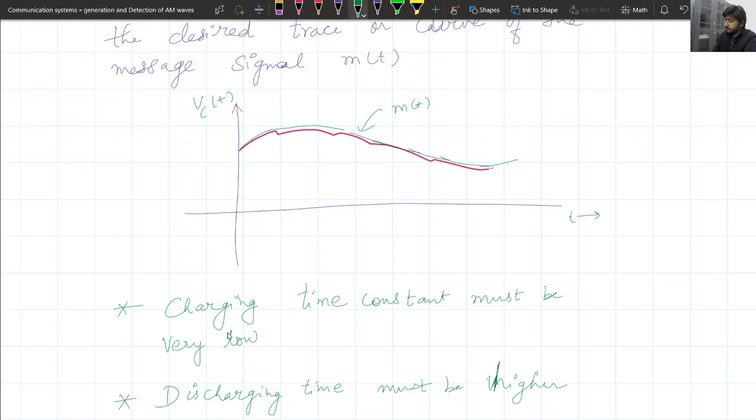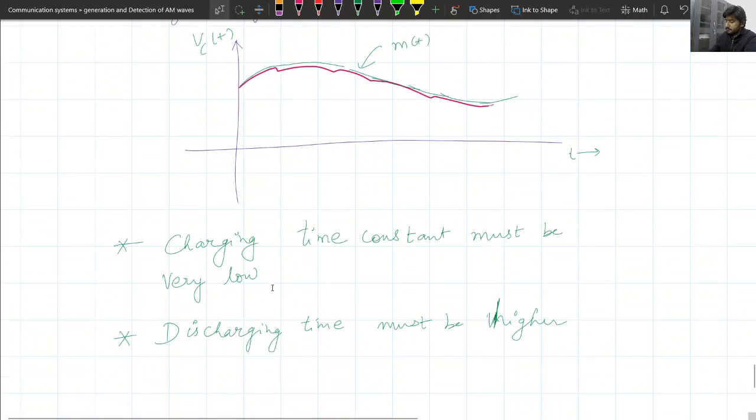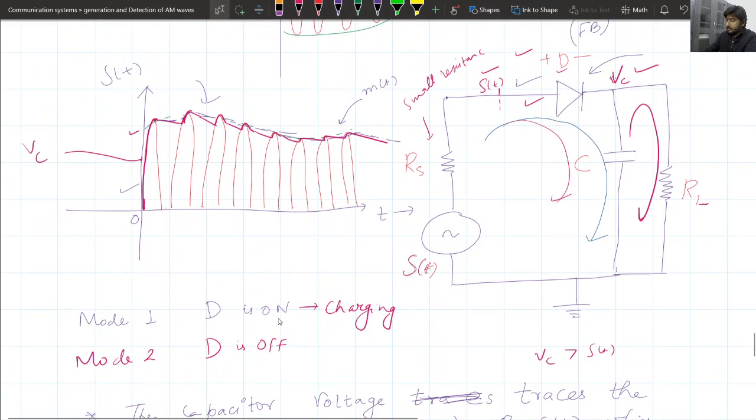Now why is this? Let's say tau is the charging constant. During charging, the charging is done through the resistance and the capacitance.